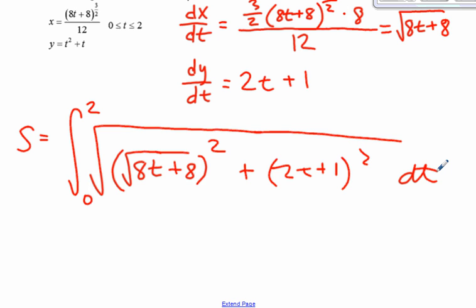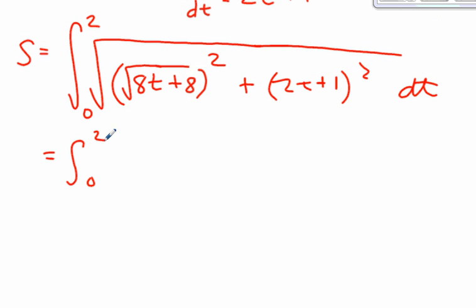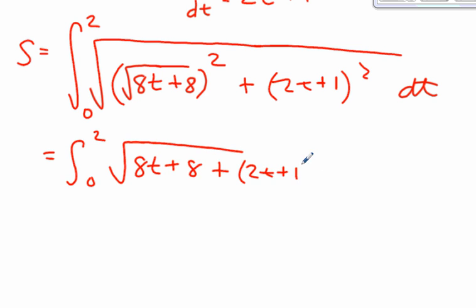Okay, now you would continue on with that to find the arc length, but I'm not going to do that just for sake of time. This is pretty simple to integrate. You'll end up getting this 8t plus 8 plus (2t plus 1) squared.